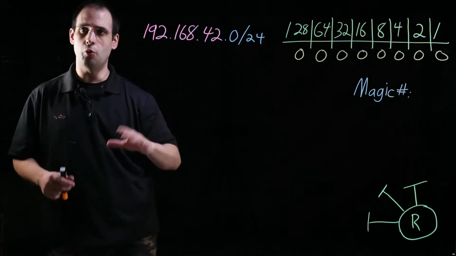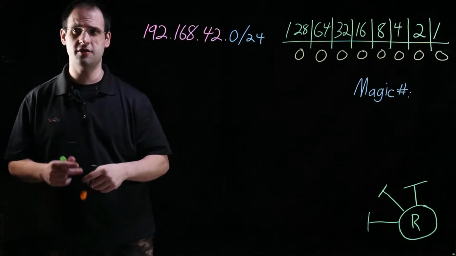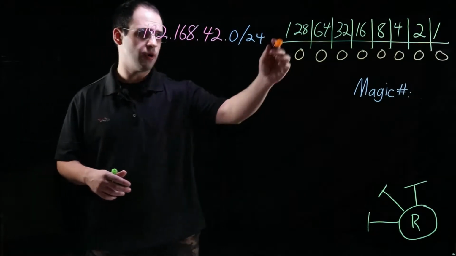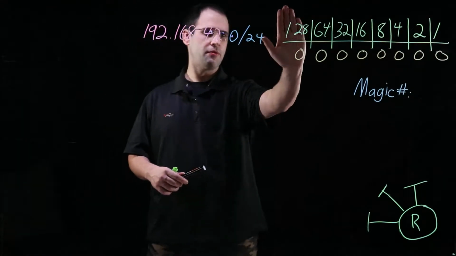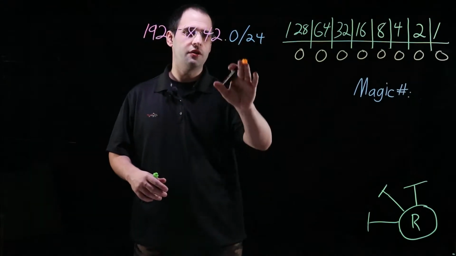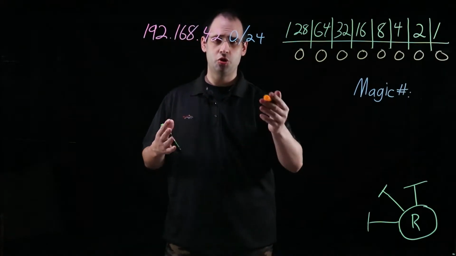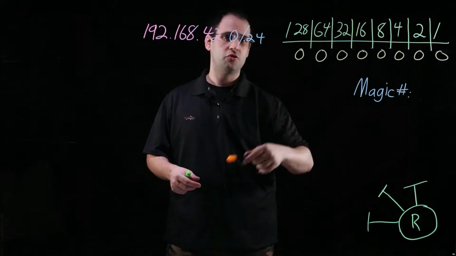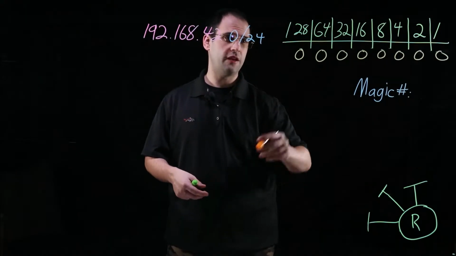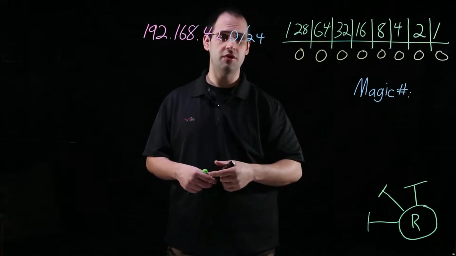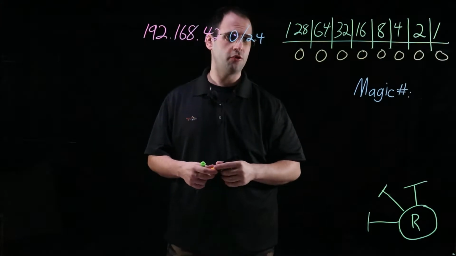In this case, we're given one network of 256 total hosts. Then by borrowing a bit, we went down to a /25, and we now had two networks of 128 hosts. And then we went down again and we had four networks of 64 hosts.